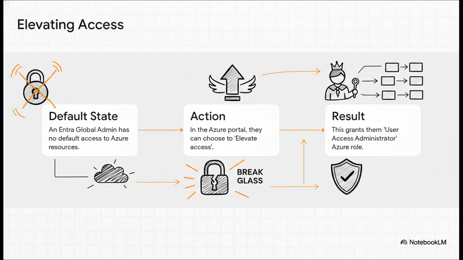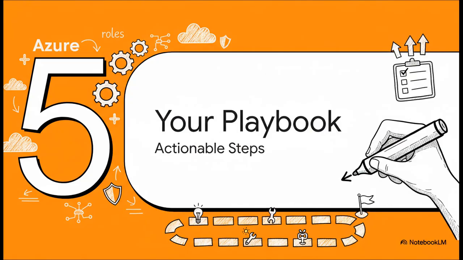But there's an emergency button, a break glass in case of emergency option. The global admin can choose to elevate their access. And what that does is it temporarily gives them an Azure role, the user access administrator role. This is the bridge. It lets them get in and start assigning Azure roles to other people. And trust me, this can be an absolute lifesaver if, say, the only person with owner access on a subscription leaves the company.